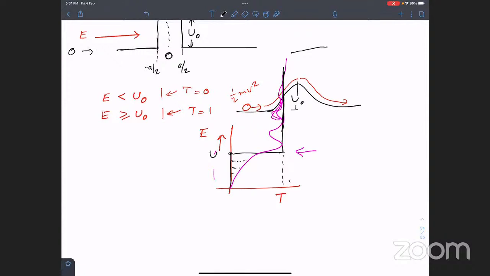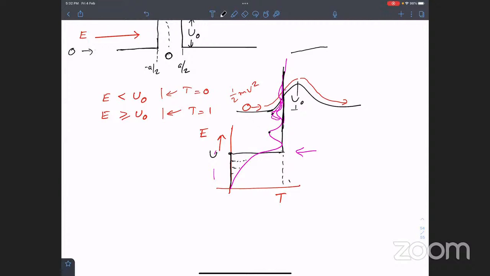But it has a non-zero probability. In the classical case, it's absolutely 0 probability. And if its energy is larger than the barrier energy, there is also no 100% probability that it will go through. For certain values of energy, its probability could be less than 1 also.